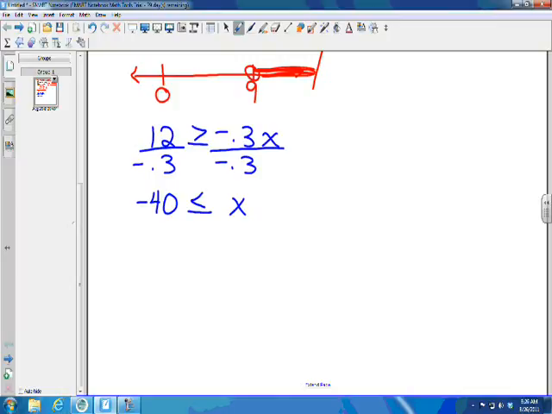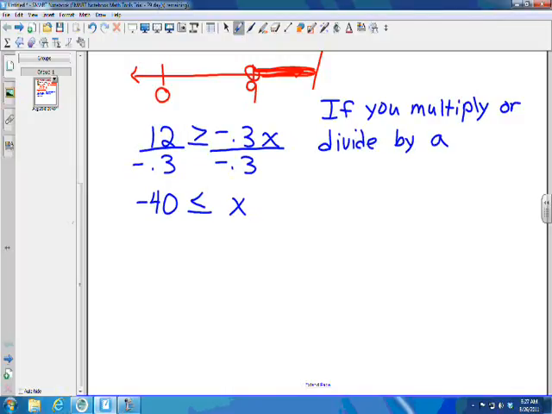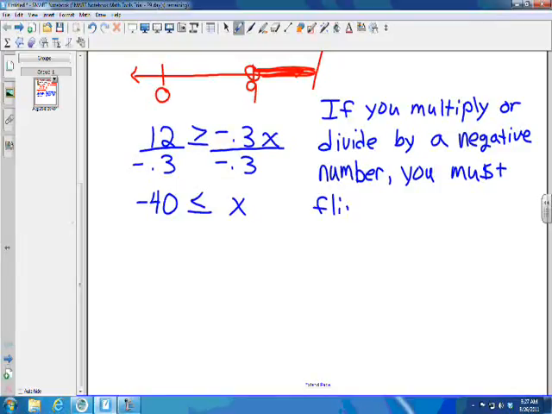So that's rule number 2 that you'll need to have written down. If you multiply or divide by a negative, you must flip the inequality sign.